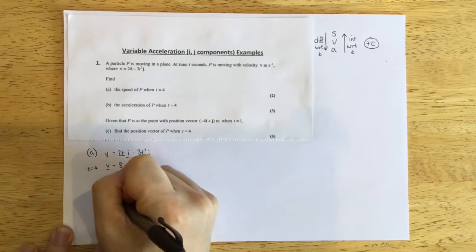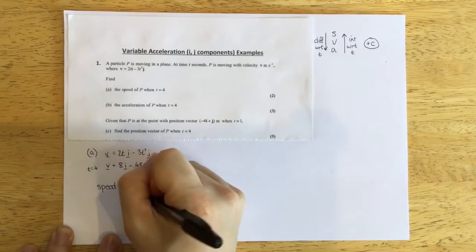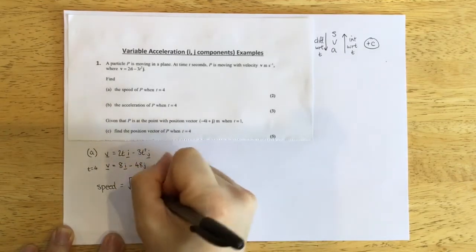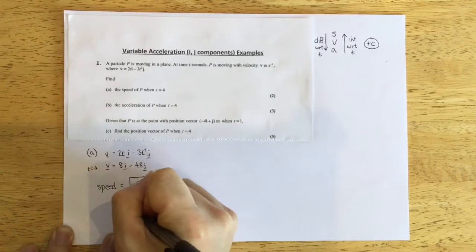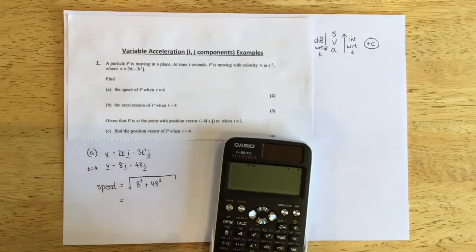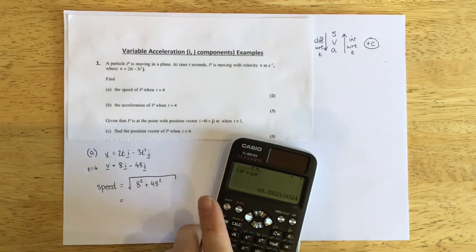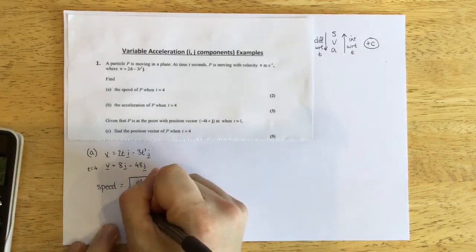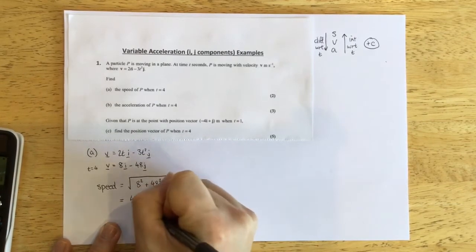But speed is just the magnitude of velocity. So to get the speed, it's the square root of 8 squared plus 48 squared. When we put that into our calculators, the root of 8 squared plus 48 squared, that's 48.7 meters per second to 3 significant figures.